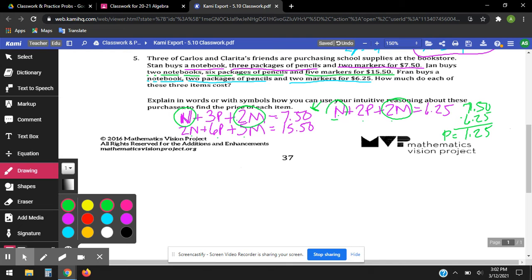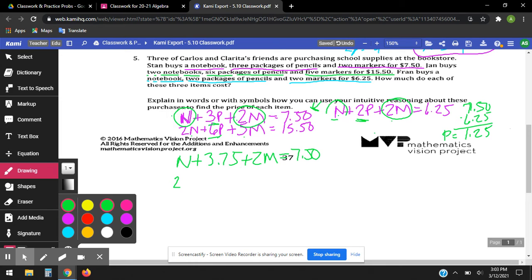All right, so I know pencils cost $1.25. That eliminates this middle variable right here. So I'm going to rewrite these, and now I'm going to put in the pencil price. So N plus 3 times $1.25 is $3.75 plus 2M equals $7.50. And let's see, I don't necessarily need to use one of these anymore because I only need two to really solve for it, right?